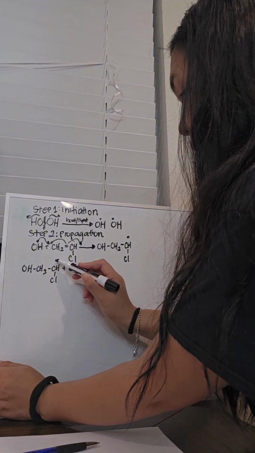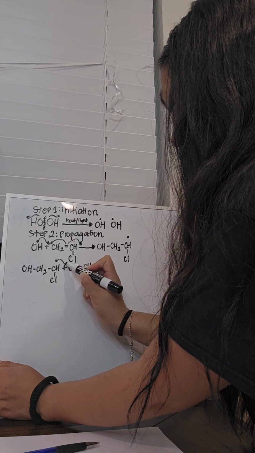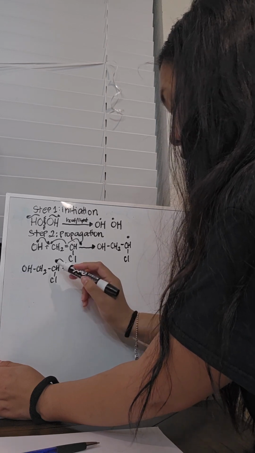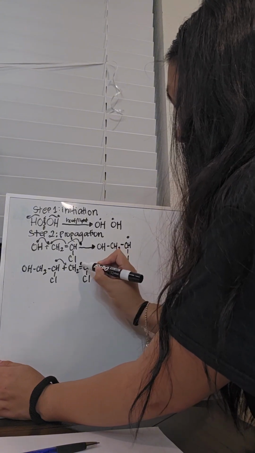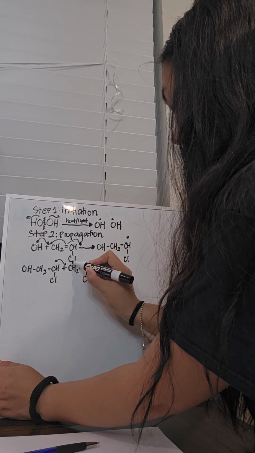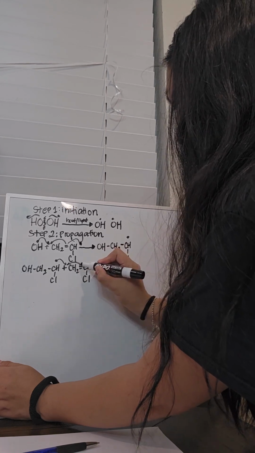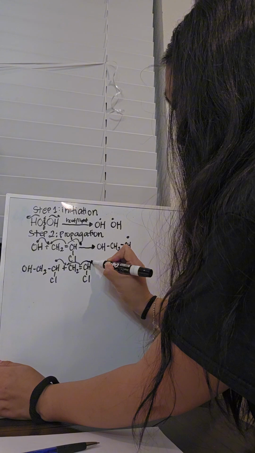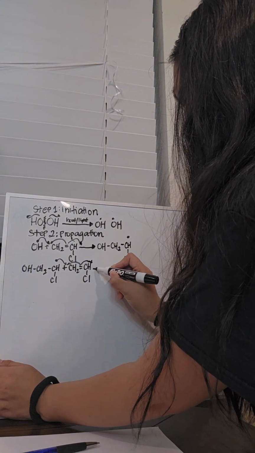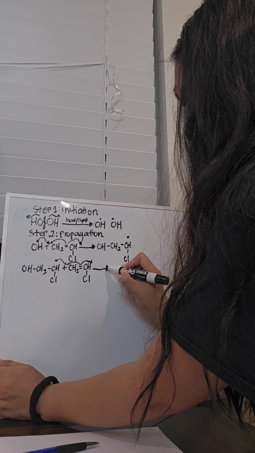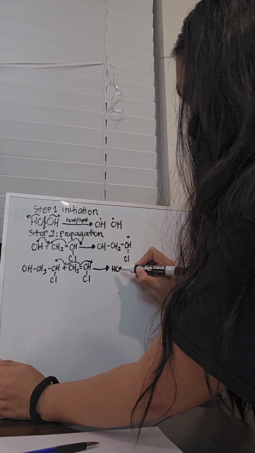So the free radical electron attacks the space between these two carbons. Then the upper bond breaks, one electron going to the left and the other to the right. Now this process will then produce this right here.